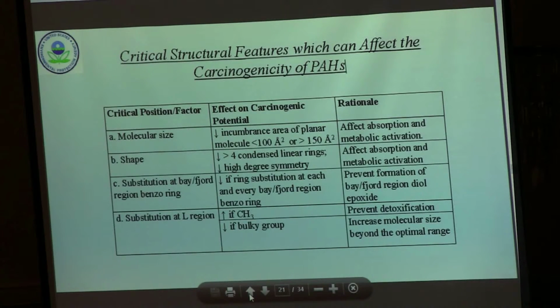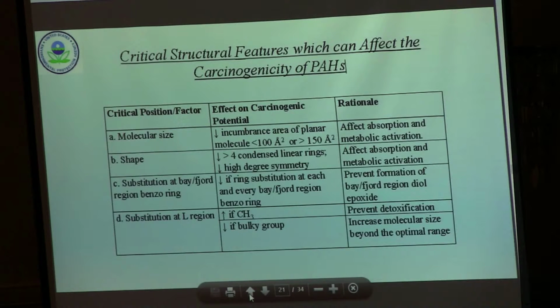So this summarizes some of the knowledge we found from SAR and mechanism analysis of PAHs. For the molecular size, we know that the carcinogenic effect decreases if the incumbent area is smaller than 100 or larger than 150, and also the shape: if linear or elongated, then the carcinogenicity will also be low.